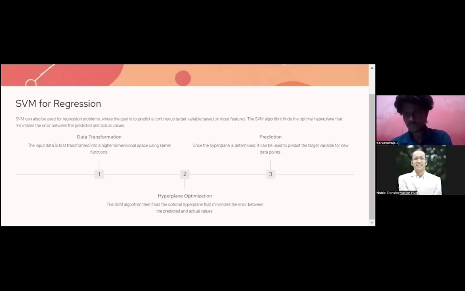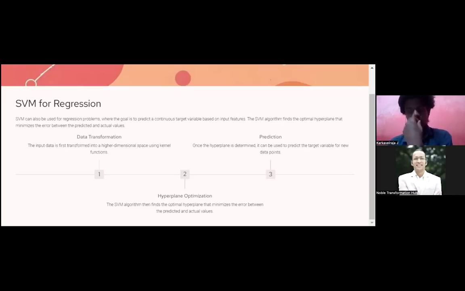That is very important, because when you're not minimizing the error, there would be a problem with performance. Then prediction: once the hyperplane is determined, it can be used to predict the target variable for a new data point. That is how prediction happens in regression when we use SVM.